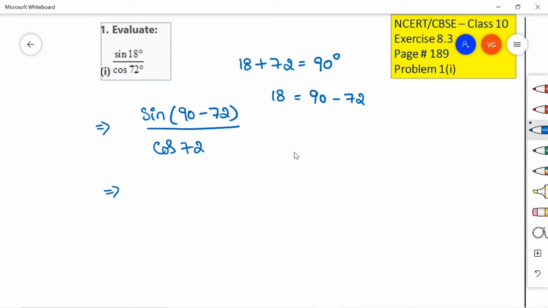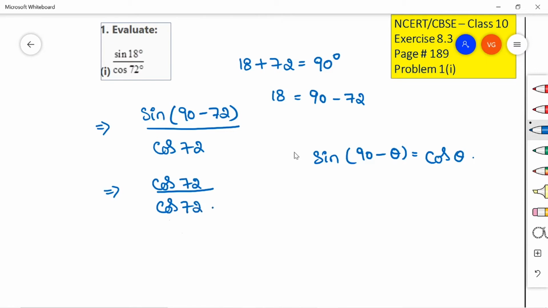The numerator is of the form sin 90 minus theta, which is nothing but cos theta. So the numerator we can write as sin 90 minus 72, which is cos 72, divided by the denominator cos 72, which is nothing but 1. So the answer for this problem is 1.